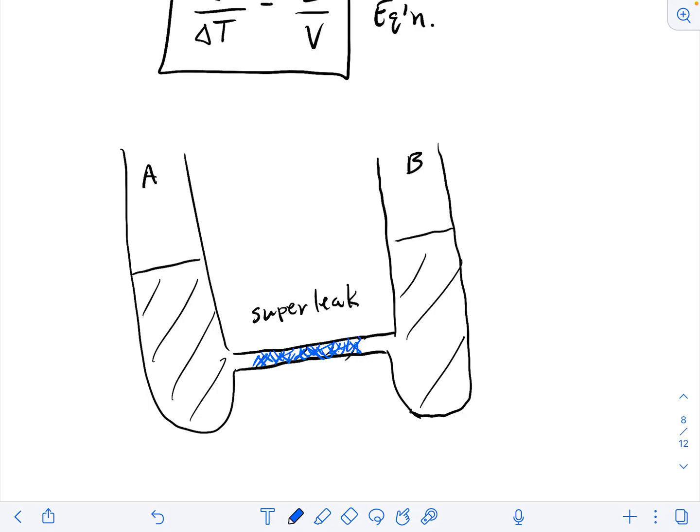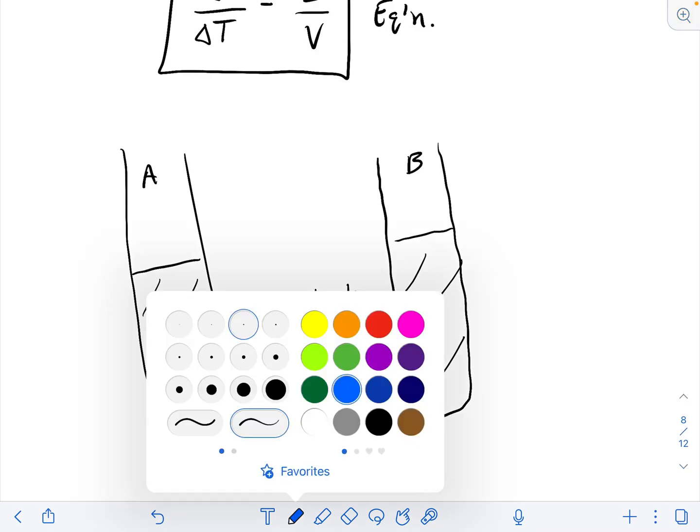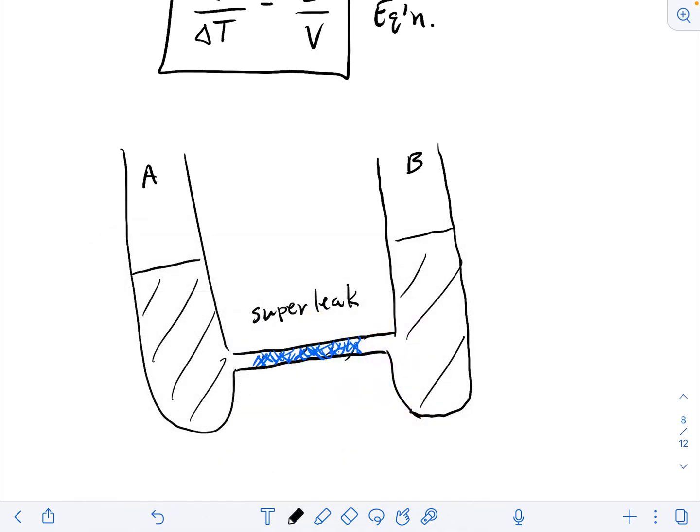Okay, so the idea is that the system is filled with helium-2, and so the total density is determined from the sum of the normal fluid and superfluid densities.